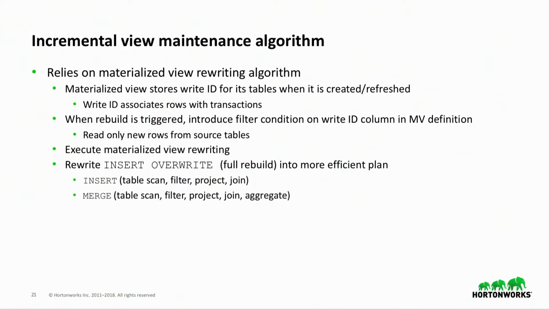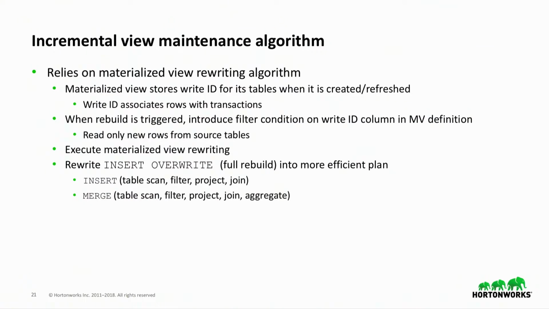And now about the algorithm itself. It's kind of cool that it relies on the materialized view rewriting algorithm itself. So how it works is that the materialized view stores write IDs for the tables when it is created or refreshed. And this write ID associates a certain row with a transaction, right?